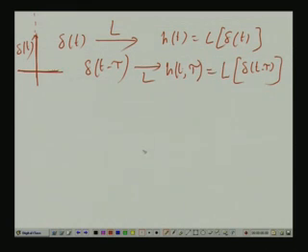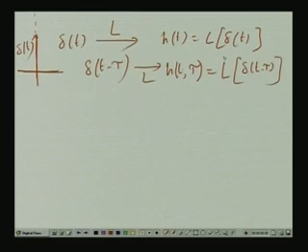Only when it is time invariant is it just h(t minus tau), the same h(t) delayed by the same amount tau, because the input is delayed by the same amount. But in general, if the system is not time invariant, that is if its property also changes with time, then the impulse response should also depend on by how much the input is shifted. If it is shifted further, maybe I will get some other kind of waveform. Not only a delayed version of h(t), but even the nature will change.